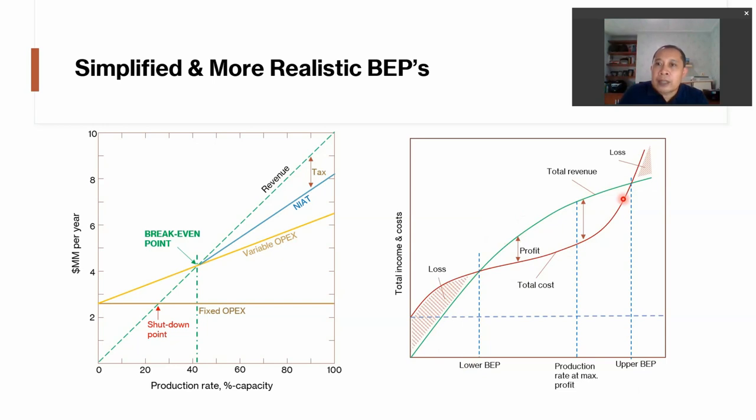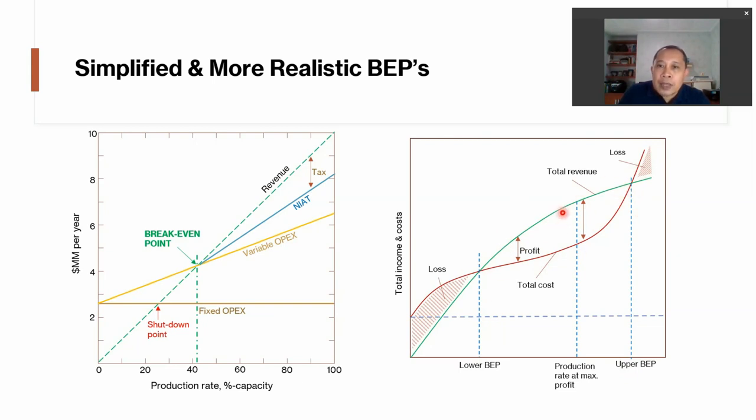In reality, most chemical processing plants behave like this, in which the total OPEX curves upwards, whereas the total revenue curves downwards. So at some point, we will get a second loss zone here. In other words, we have a second BEP, an upper break-even point in addition to the lower break-even point. And this would be the profitable zone for our chemical processing plant.